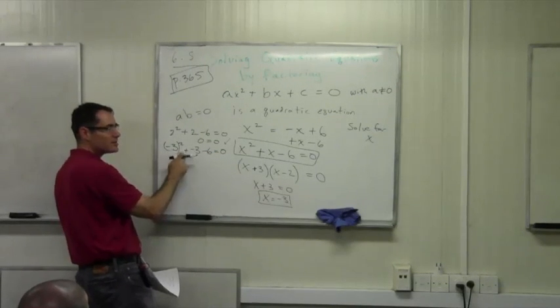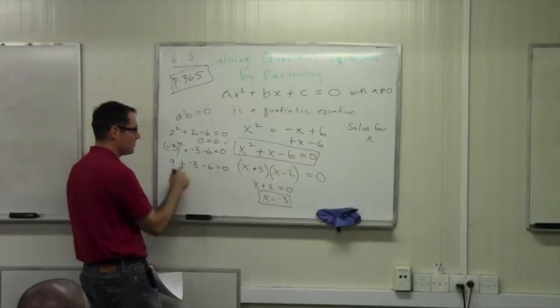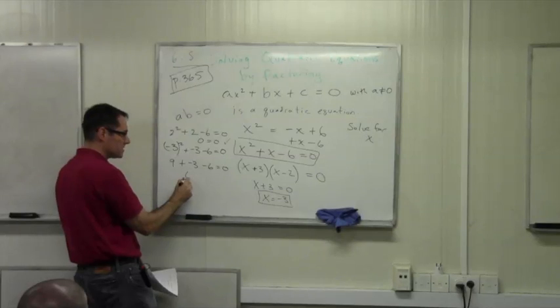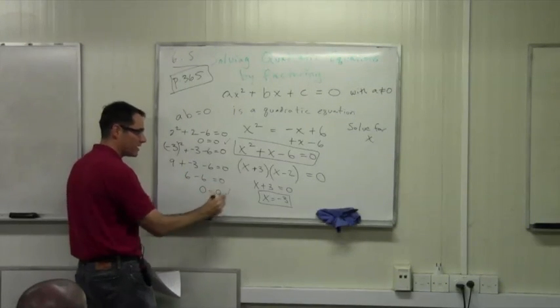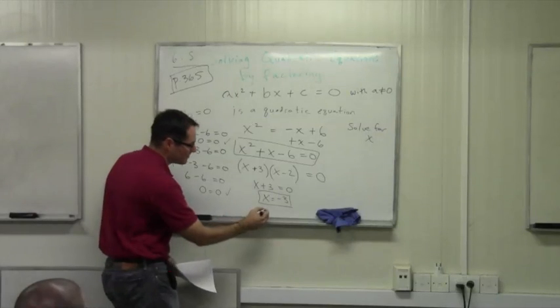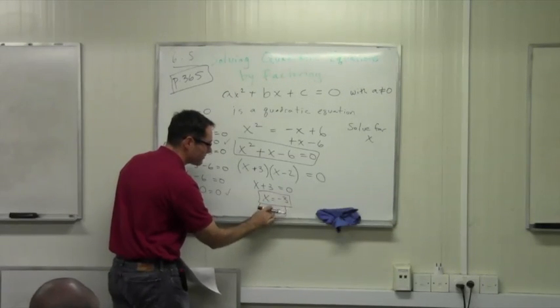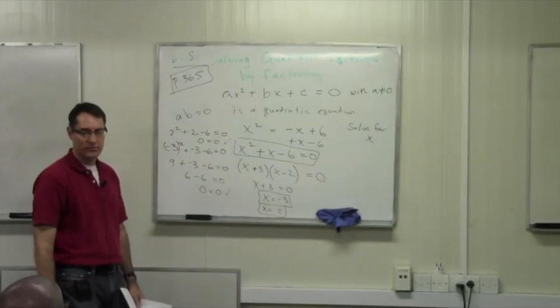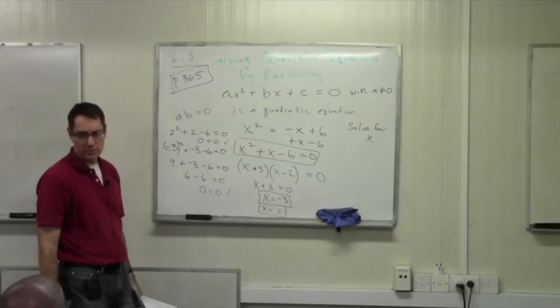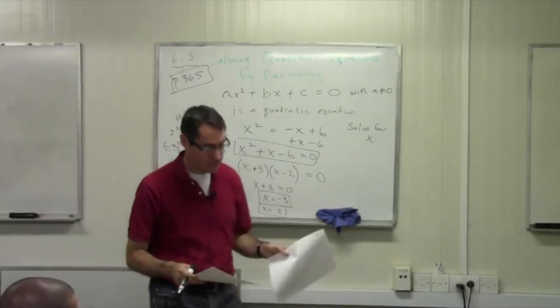Negative 3 squared is 9, plus negative 3 minus 6. 9 minus 3 is 6, minus 6 equals 0. Check. So you see how x equals negative 3 and x equals 2 are the two answers for this quadratic equation. And we solved it by factoring.